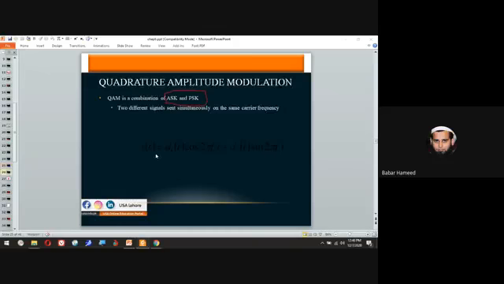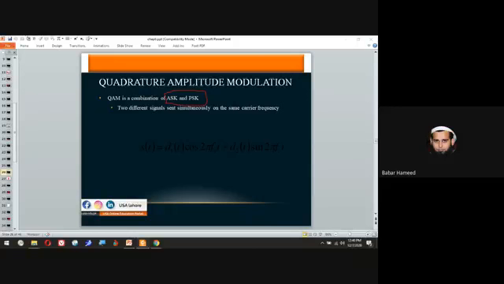Now we will see, basically we have studied quadrature phase shift keying. It is the same idea that was used in quadrature phase shift keying, but there is something enhanced.